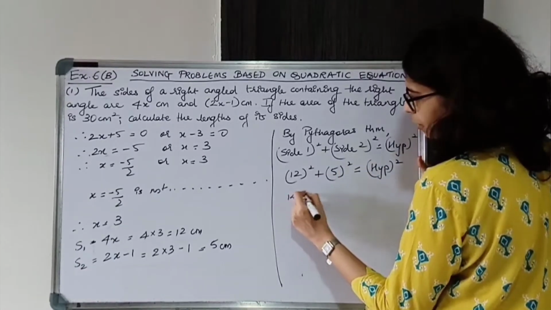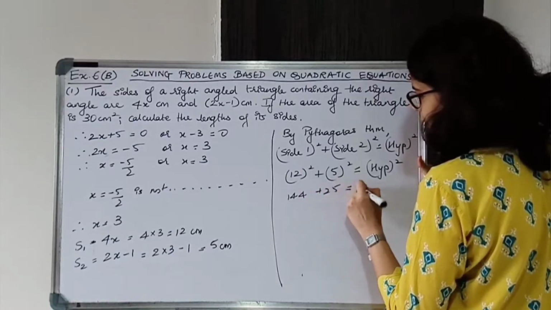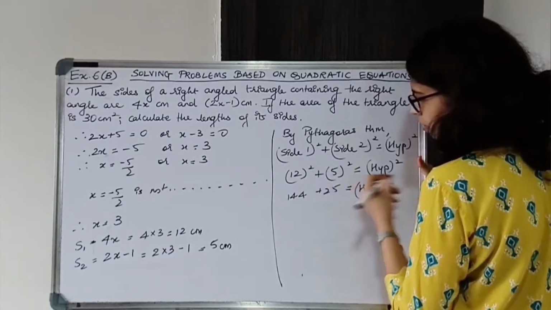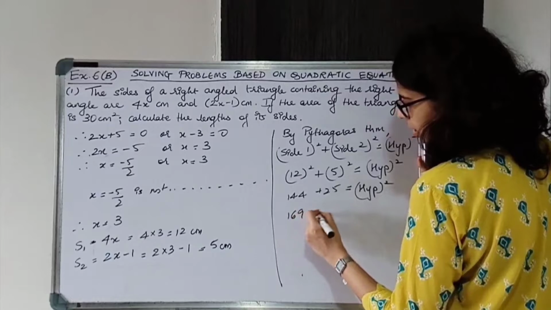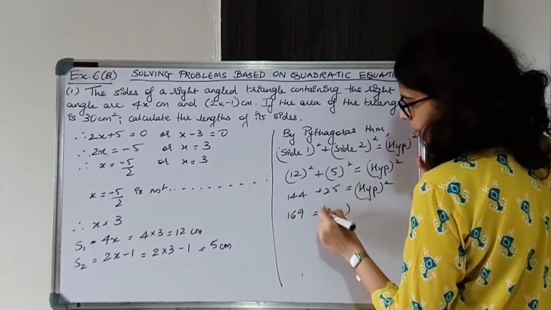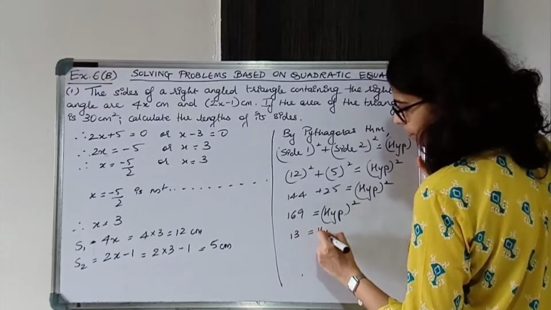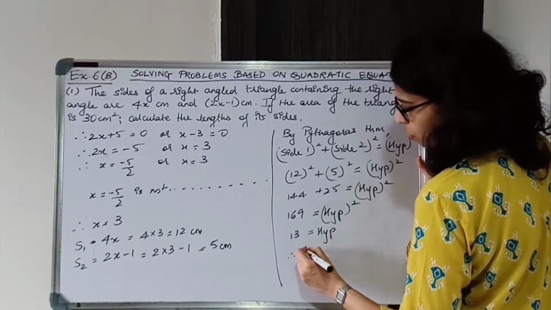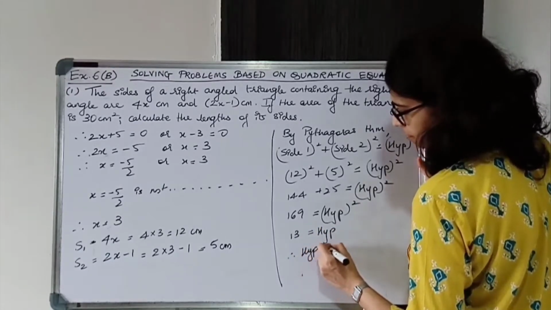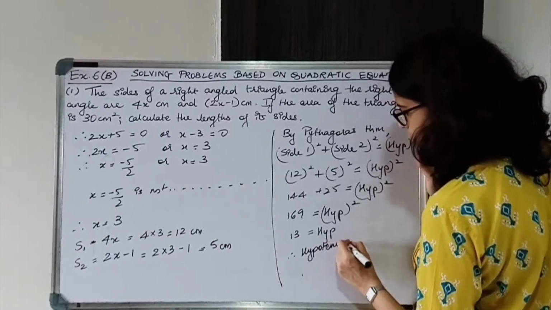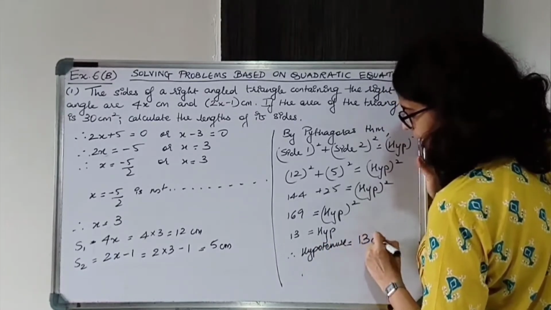This will be 144, this will be 25. So this will give 169. Taking square root on both the sides, we'll get 13. Okay. So therefore hypotenuse is equal to 13 centimeters.